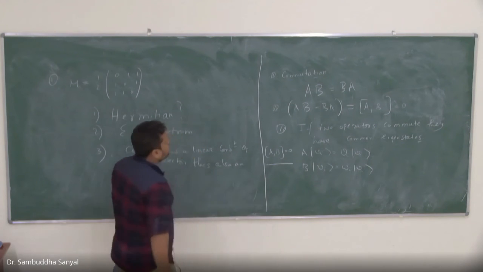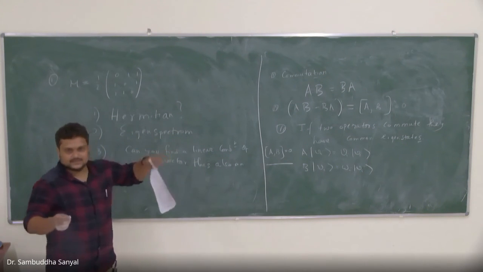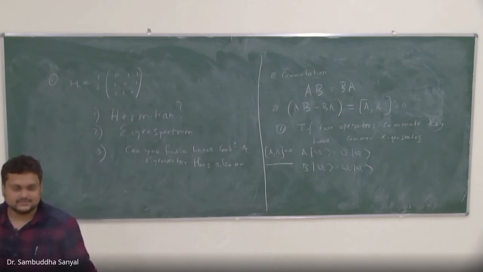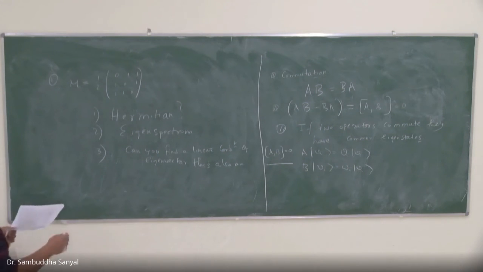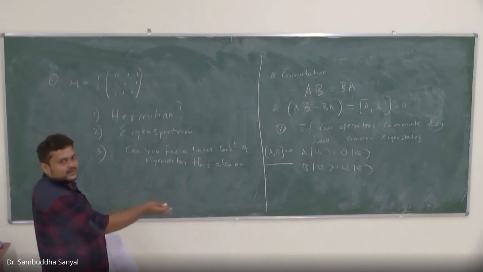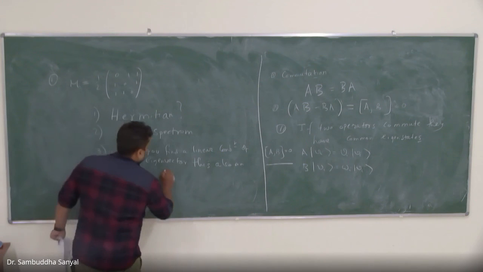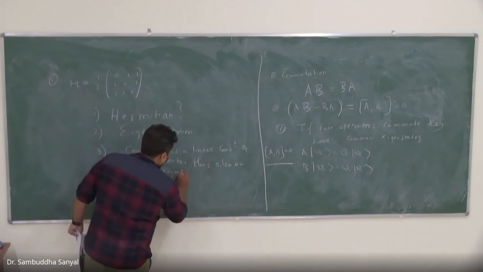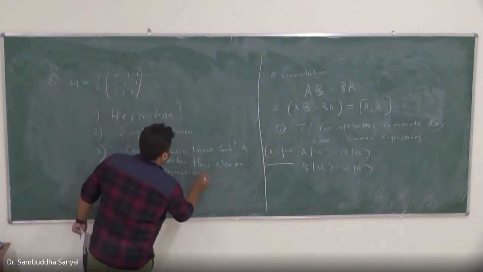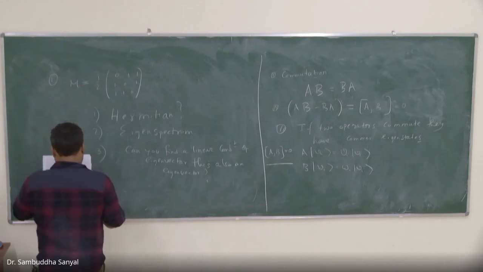This is to show that this is a basis. If you can find such a thing, then you have some more elements in that basis. So is it true? This is the third.